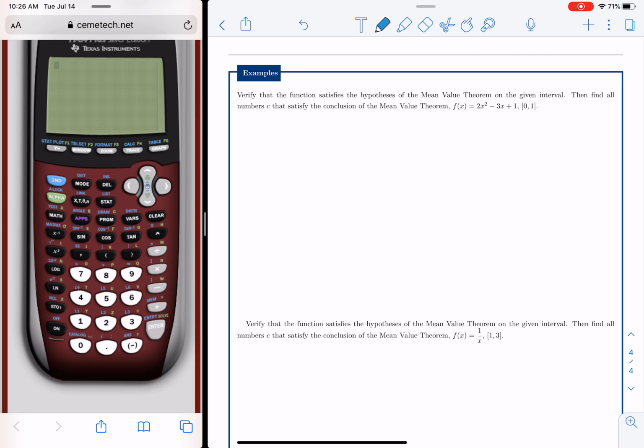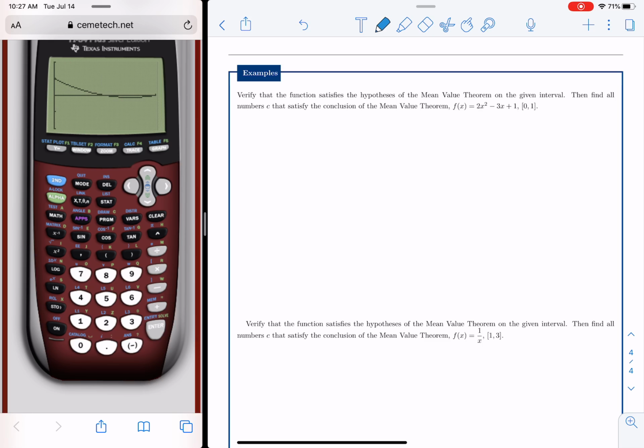So let's see if f of x is continuous. Obviously it is going to be because it is a parabola. Set the window 0 to 1. So that's what I get.